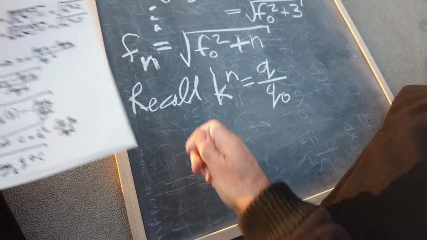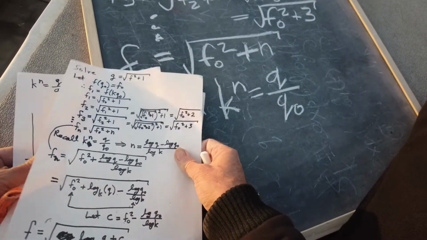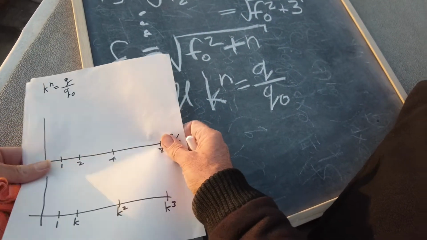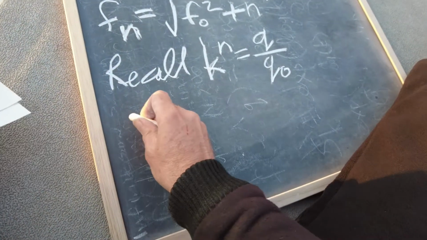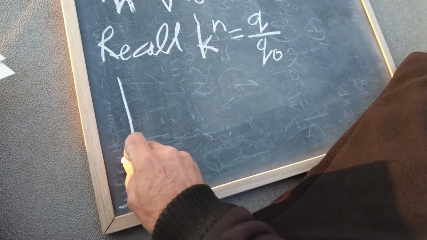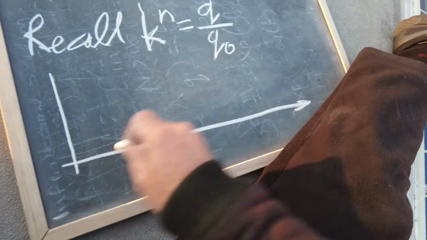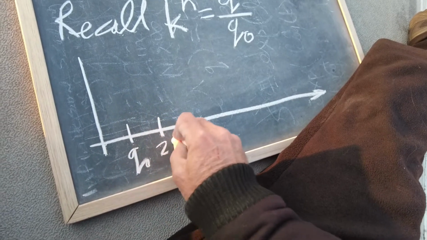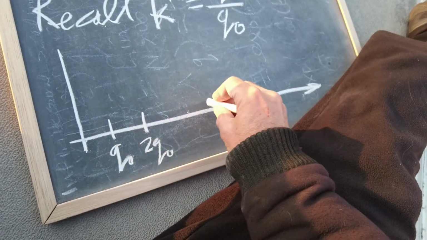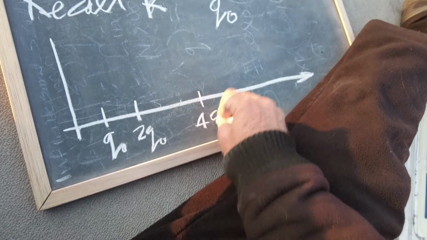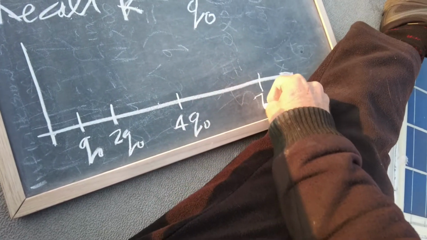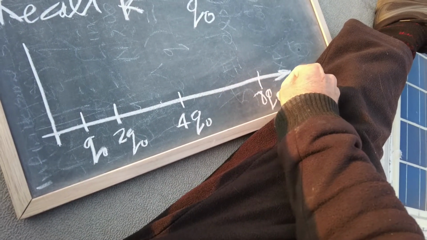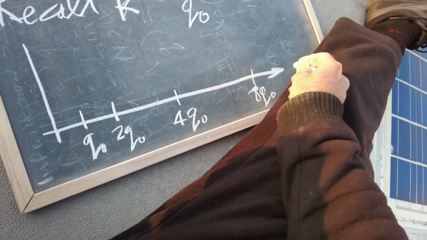If you remember back when we did that graph, remember how we had the photocell experiment. We had some quantity of light q0, and then 2q0 when we were doing it with a 2-to-1 ratio, 4q0, 8q0.